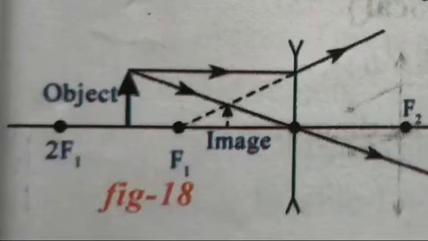And next one, observe the figure. If the object is placed at 2F1, in this figure, first we kept the object between F1 and 2F1. In case we change the position, the object is placed at 2F1. Does the place of image change? Then draw a ray diagram for this case.